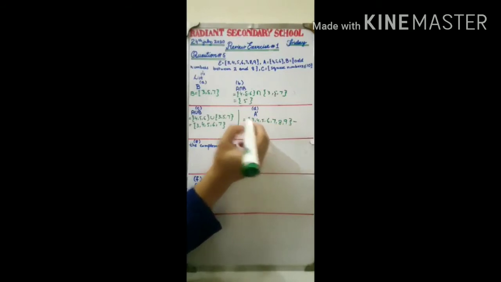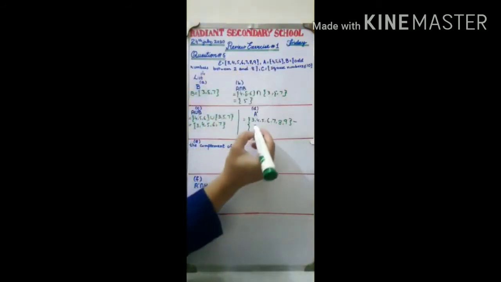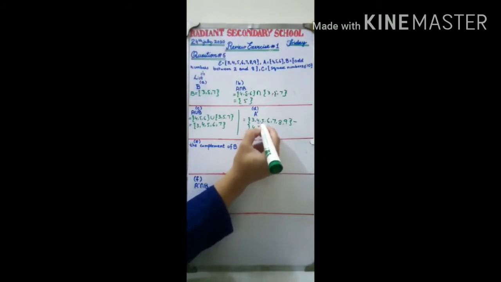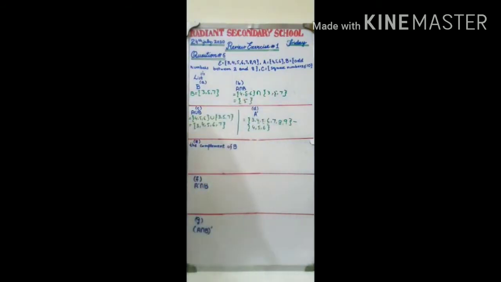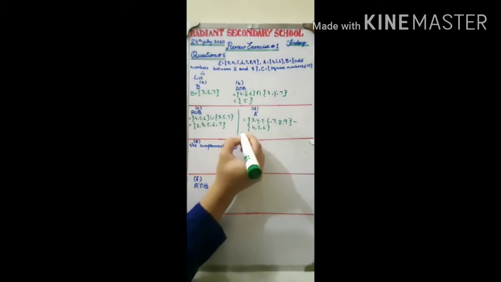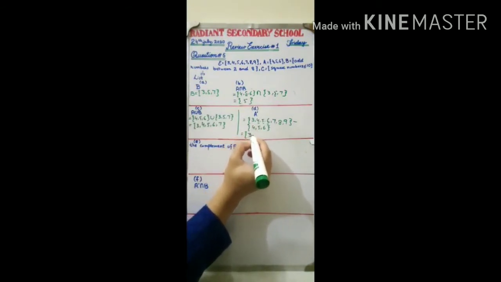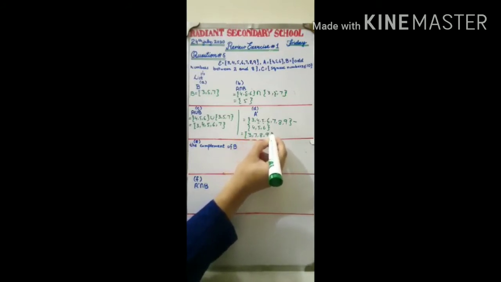A set is 4, 5 and 6. We have to subtract 4, 5, 6 from the universal set, and remaining elements from the first set are 3, 7, 8 and 9.